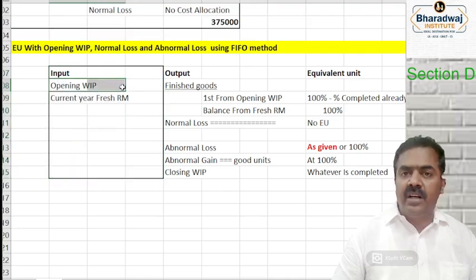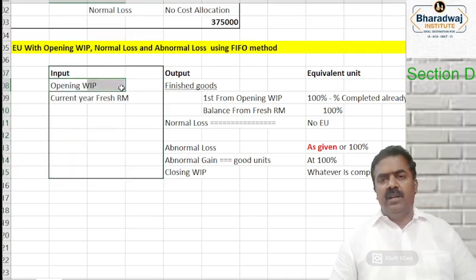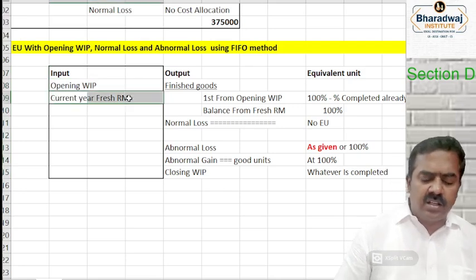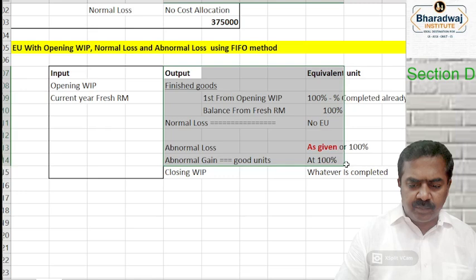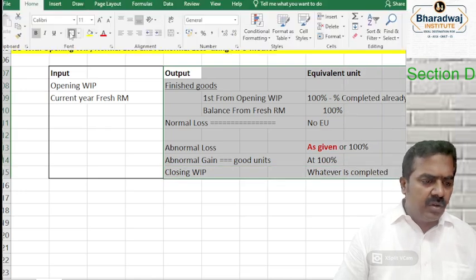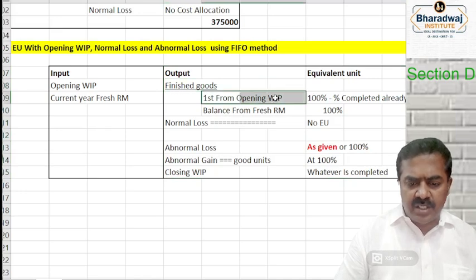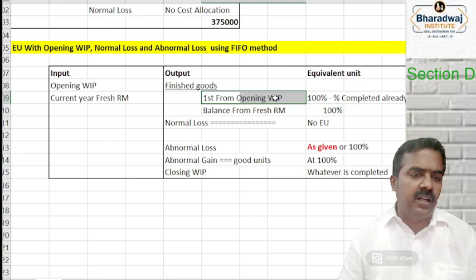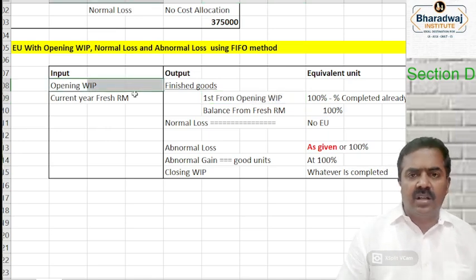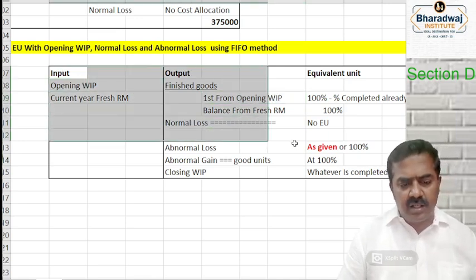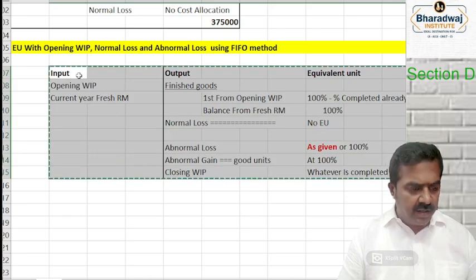Sir, input means in a process, what is the input? That can be opening work in progress, the WIP inventory at the beginning of the year, then current year fresh raw material issued. What is the output? We manufacture and transfer to the next process. We first finish opening WIP. Do we do all the work in the current year? No. That is why 100% minus percentage completed already.